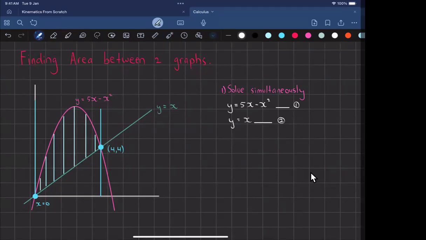Explain why you want to make our equation 3.